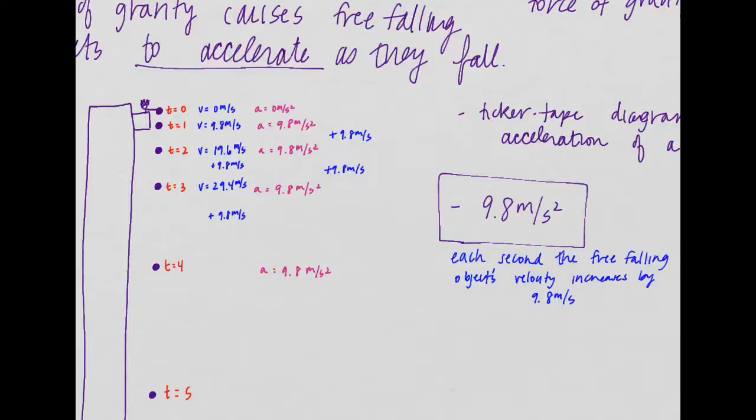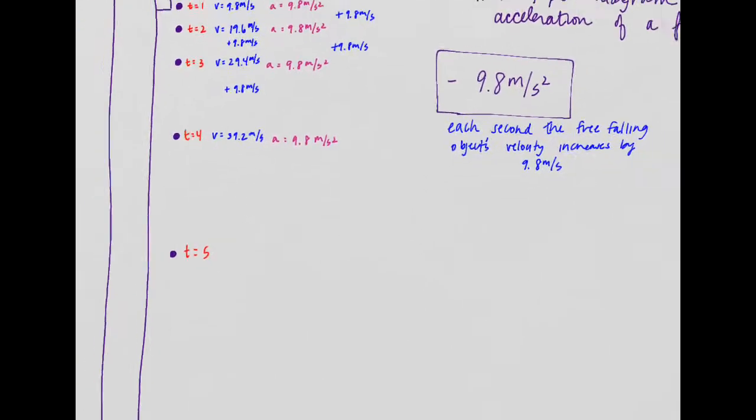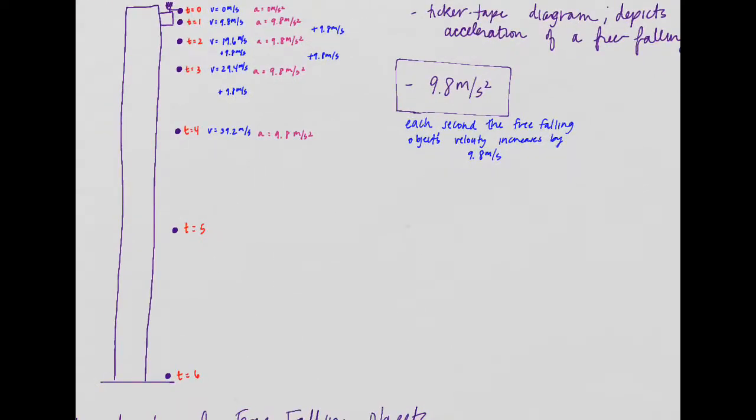So my velocity at time 4 is going to be 39.2 meters per second. Now I'm traveling at a velocity downward of 39.2 meters per second. Acceleration is the same here and at the bottom.